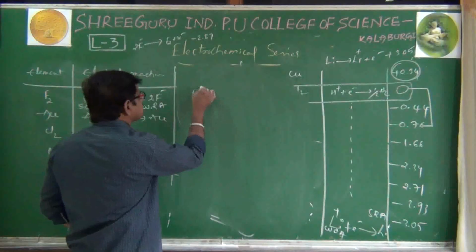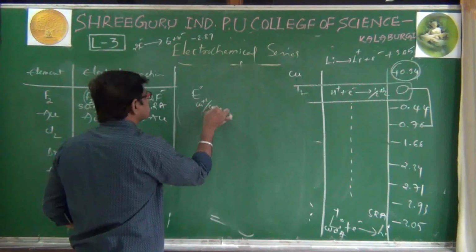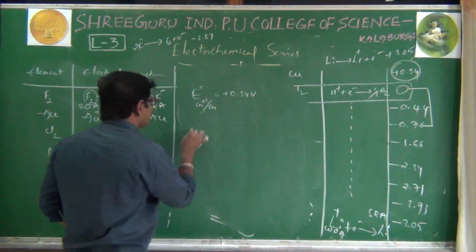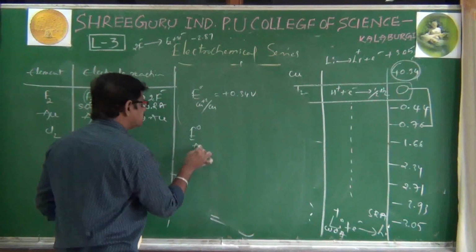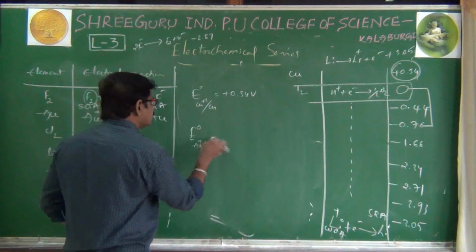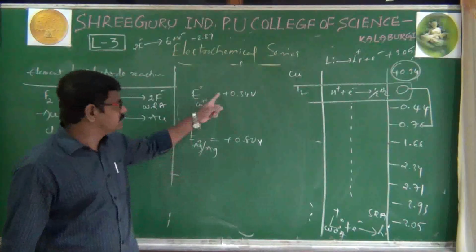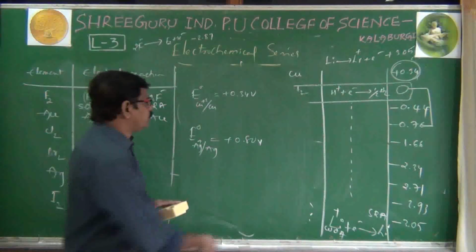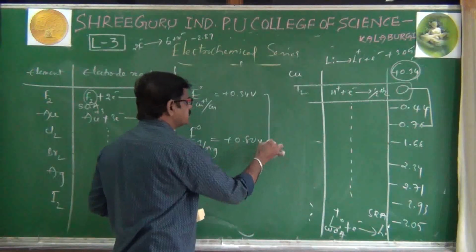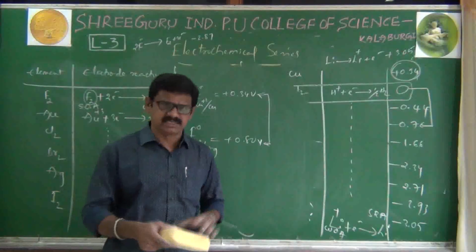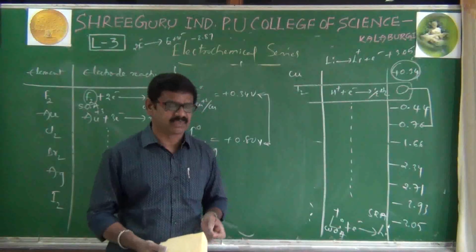One is E0 Cu+2/Cu, +0.34 volts, and E0 Ag+/Ag, +0.80 volts. These two electrodes I have taken, and both these electrodes again I am connecting to each other, again with the same salt bridge; the process remains completely the same.